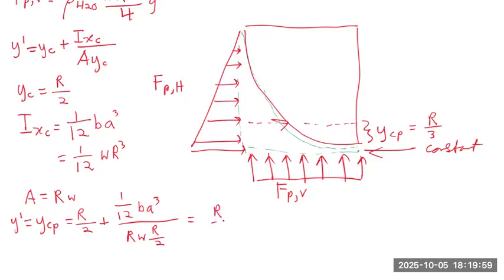Oh, wait, sorry, I forgot to plug in the actual BA cubed. So WR cubed over RW times R over 2.